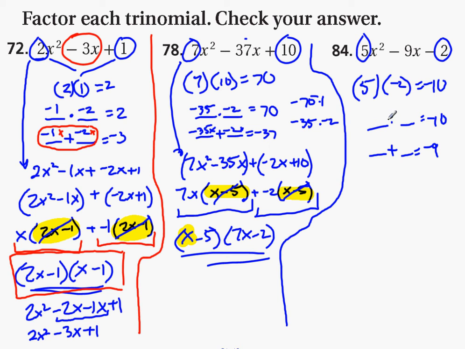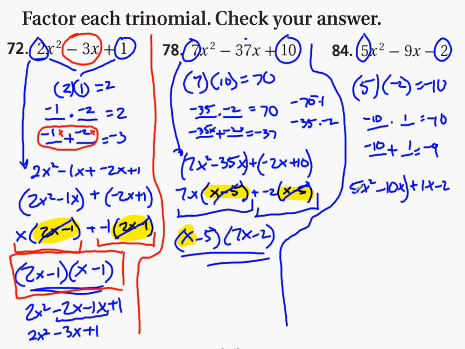Well, I'm thinking to myself, if I went negative 10 and a positive 1, negative 10 plus positive 1 gives me a negative 9. So now this becomes 5x squared minus 10x plus 1x minus 2.